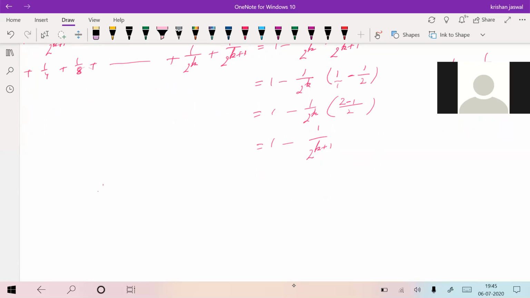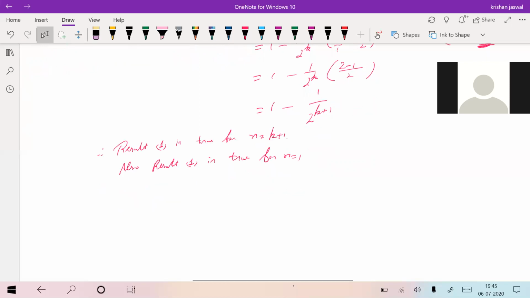Therefore, result 1 is true for n is equal to k plus 1. Also, result 1 is true for n is equal to 1.